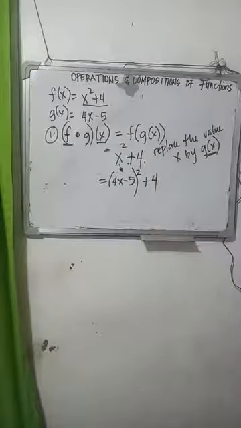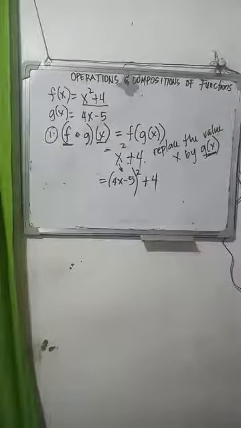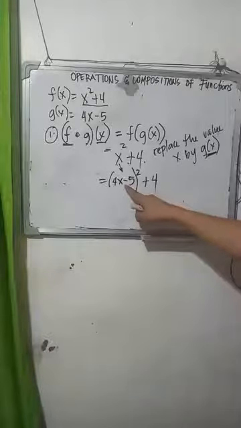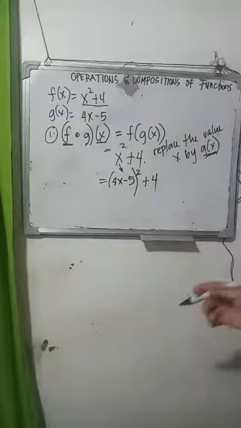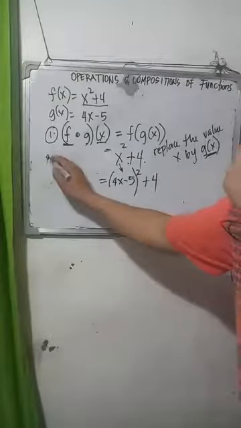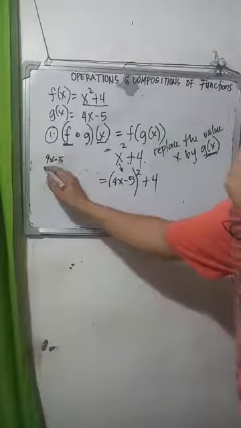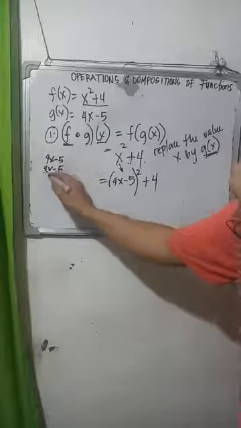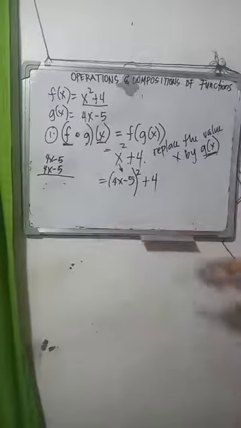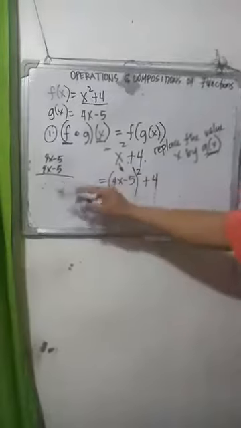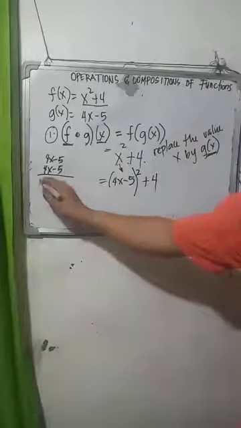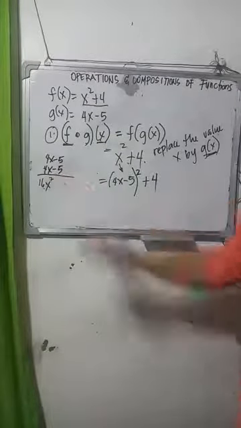Next, simplify. (4x minus 5) raised to 2 means multiply it by itself: 4x minus 5 times 4x minus 5. 4x times 4x is 16x squared.